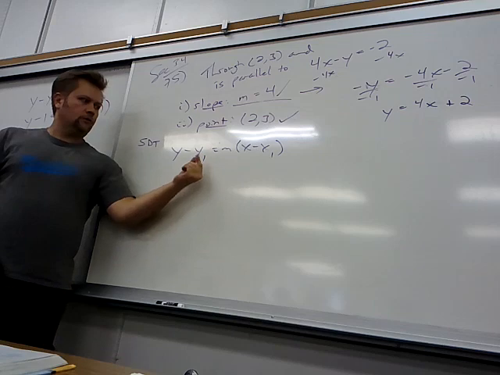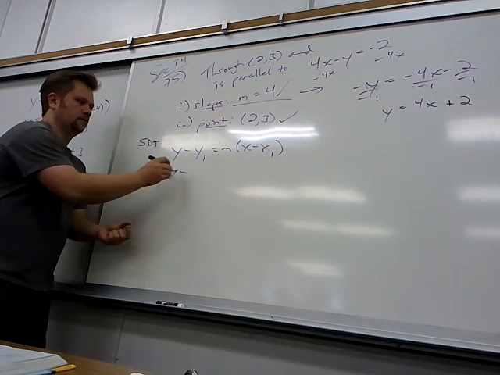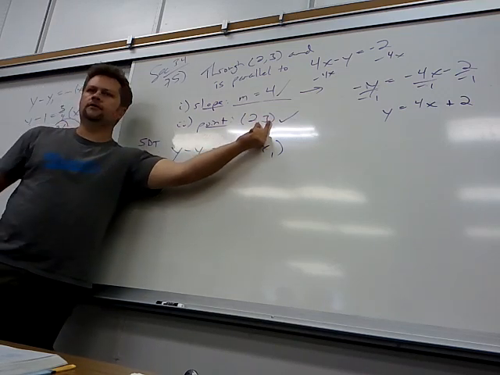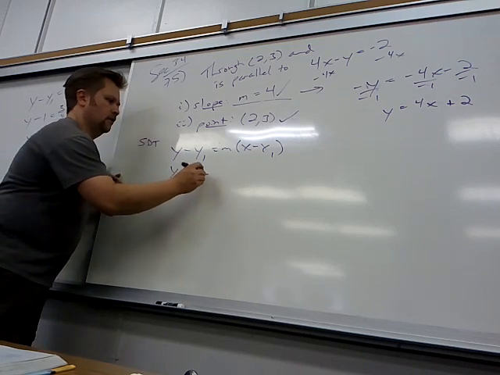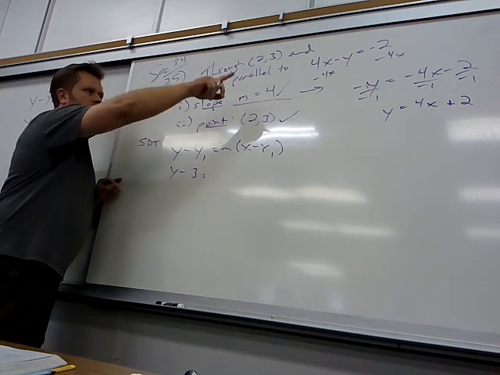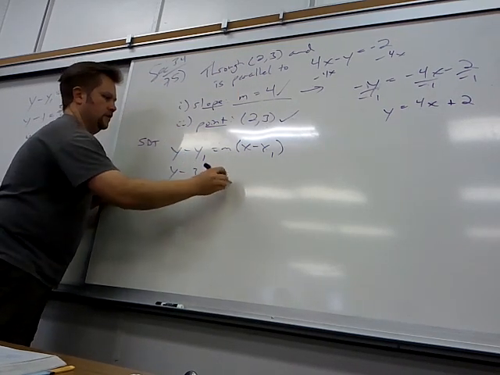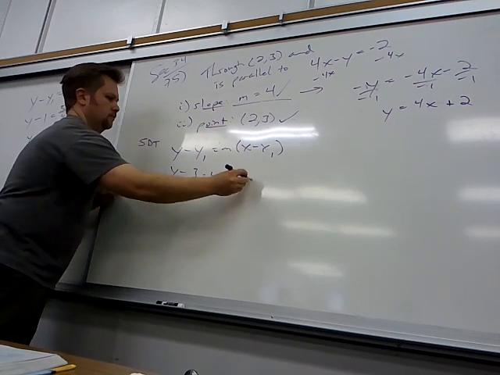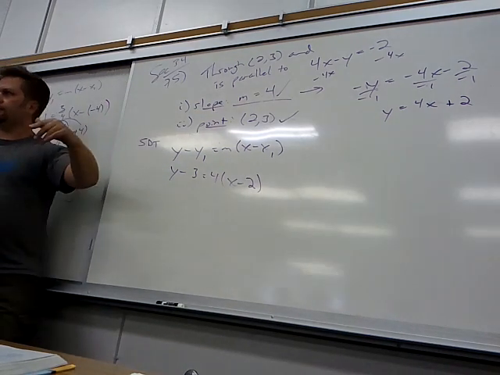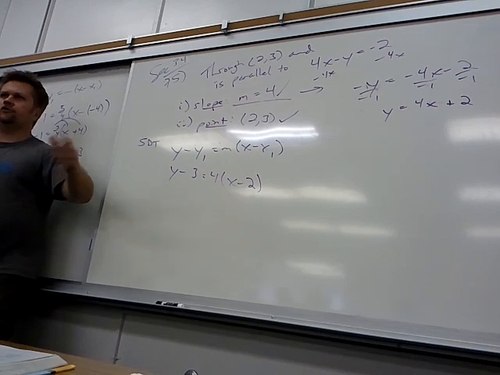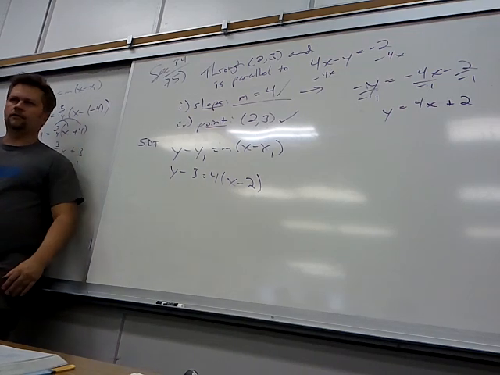So what would I put here? y minus 3, that's the y piece. y minus the y piece equals m, which is 4, times x minus the x piece, 2. Then clean this up a little bit. Distribute, get your y by itself.